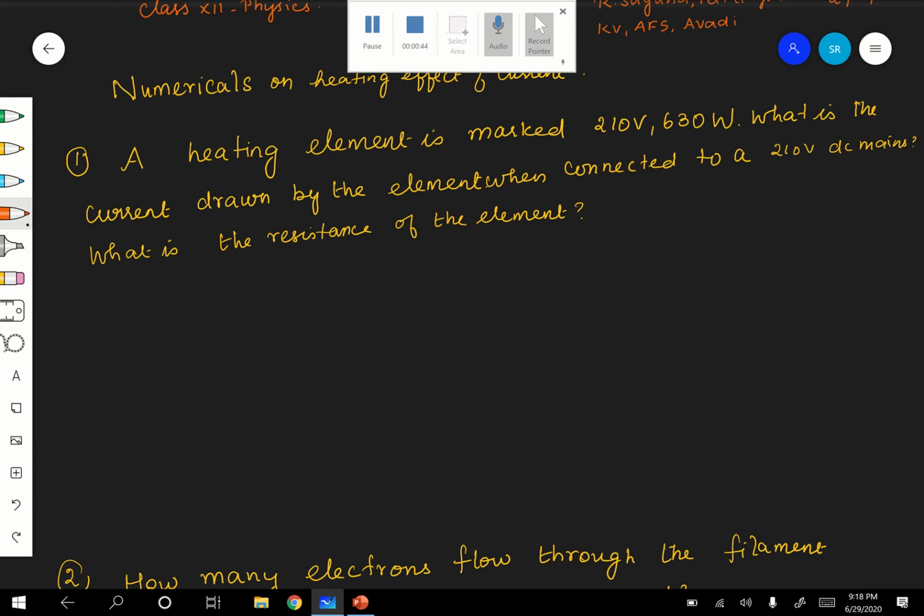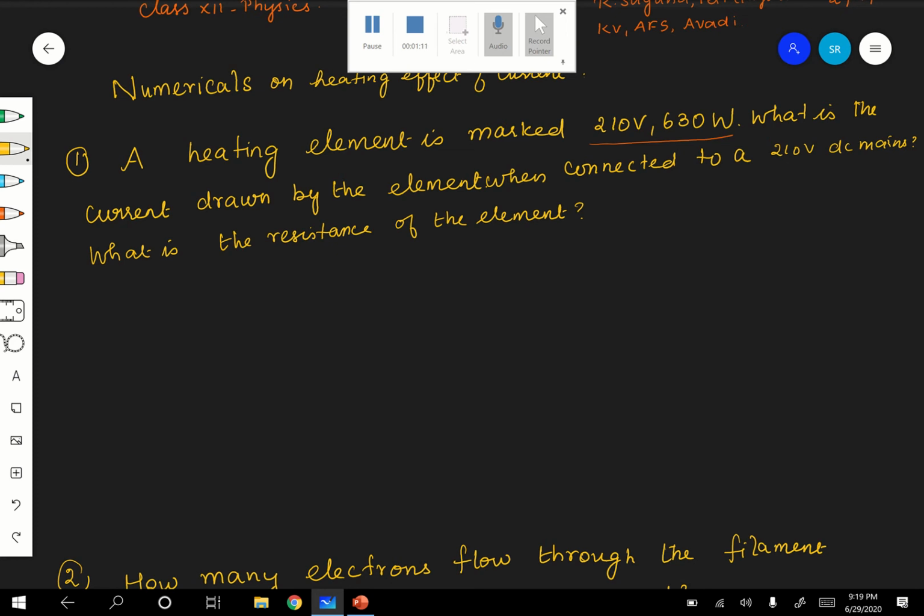A heating element is marked 210 volt 630 watt. Marked means it is what is called the rating. Every electrical appliance will have some rating: it works on this much volt, what is the wattage, what is the power, and how much current it can withstand.